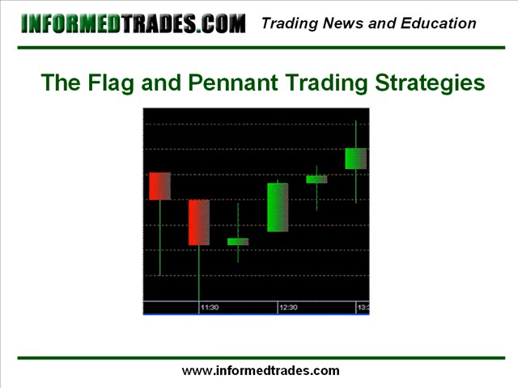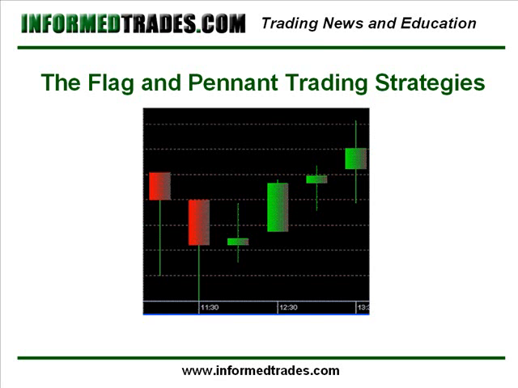The point at which they're going to look to get long is the break point of the upper resistance line of the flag, and then the target for the trade is calculated by measuring the flagpole, or the distance between the high point of the run-up and the low point of the run-up that forms the flag, and then projecting that distance upward from the break of the top resistance line. All right, the stop is then placed just below the bottom support line of the flag.